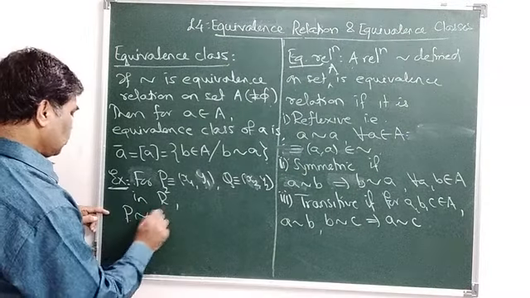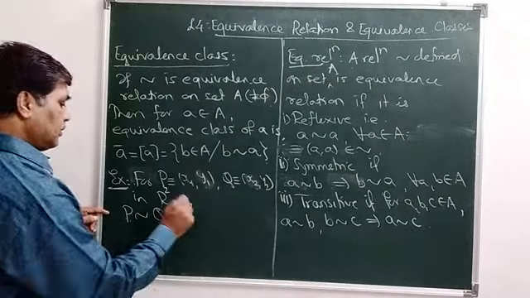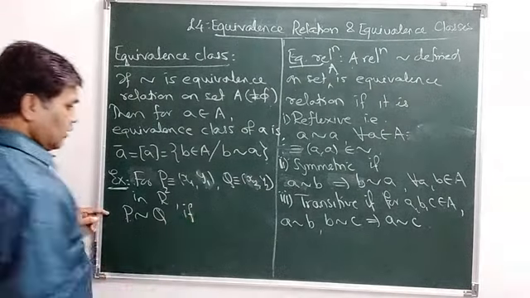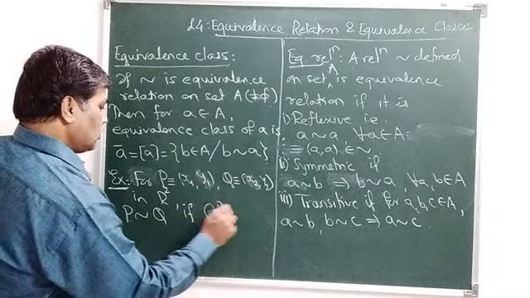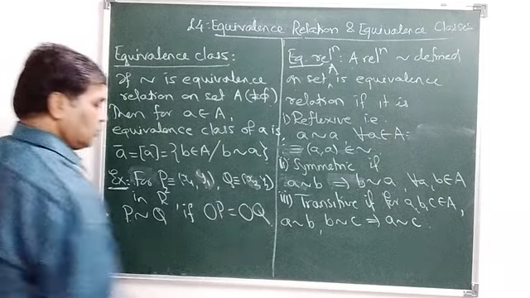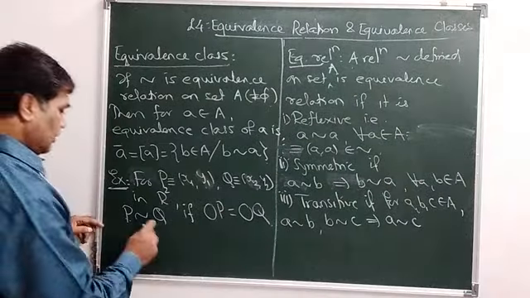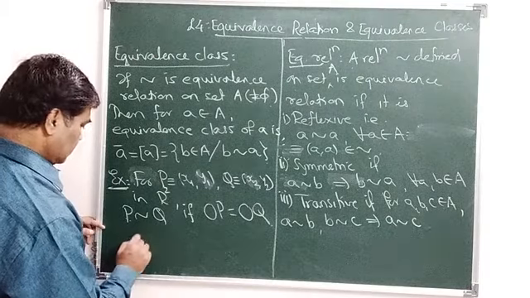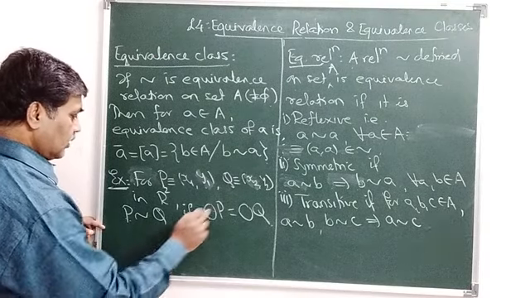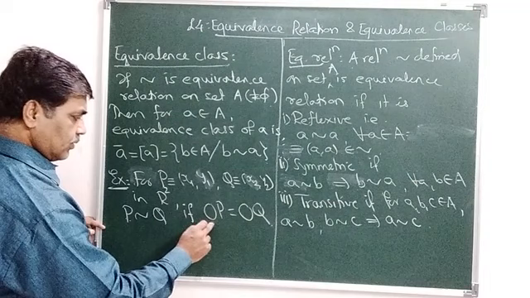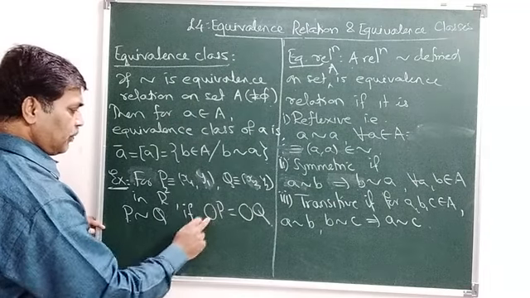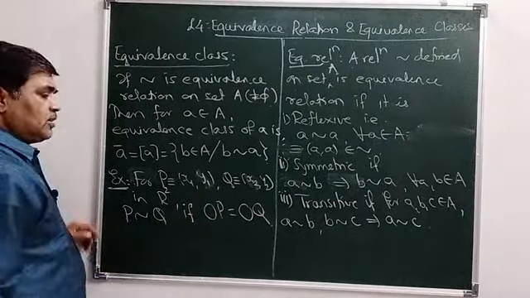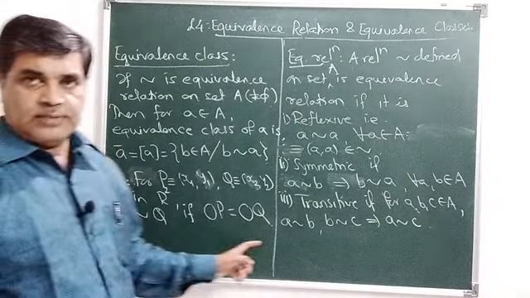P is related to Q if OP is equal to OQ, that is, the distance of P from origin is equal to the distance of Q from origin.